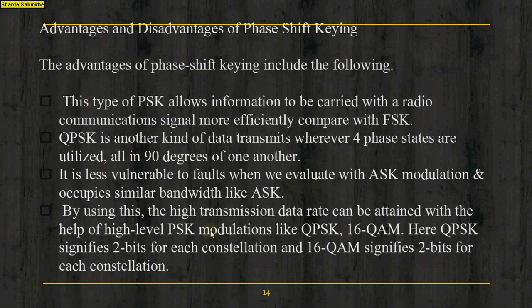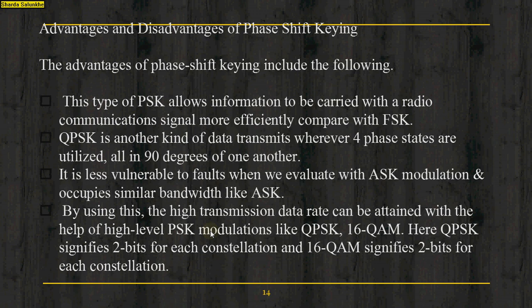The advantages and disadvantages of the PSK. Advantages of the PSK include that this type of PSK allows information to be carried with a radio communication signal more efficiently compared with the FSK. QPSK is another kind of data transmission where four phase states are utilized, all 90 degrees from one another. So QPSK can also be used for data transmission.